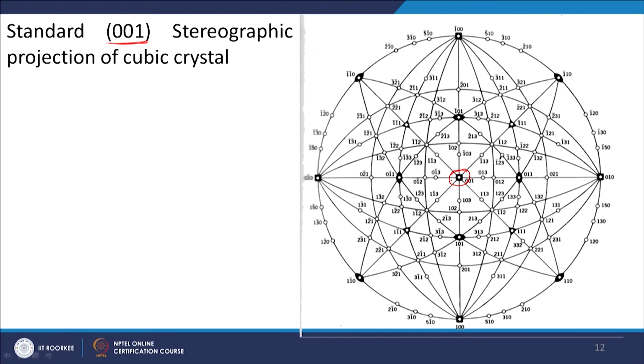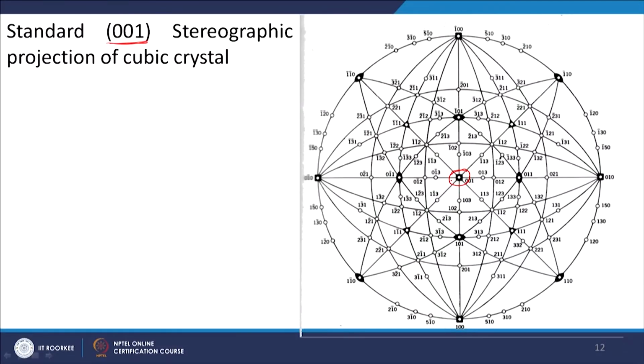So what will happen? The 001 will hit directly the top pole, and it will be projected exactly at the center, because when I connect it to the bottom pole, that line goes through the center of the sphere itself. So that will obviously come at the center, and that will be 001. Now you can see the other normals. Suppose this is your 100 plane and this is your 010 plane; the green one is the 100 plane.